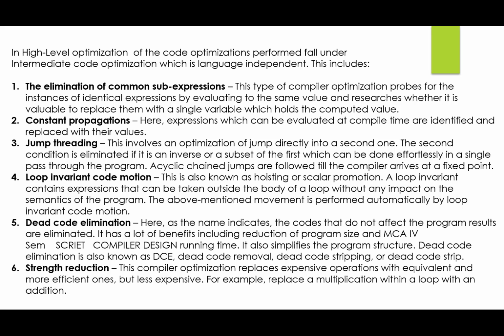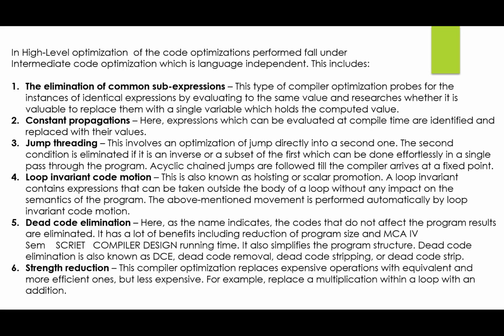It has a lot of benefits, including reduction of program size and compiler running time. It also simplifies the program structure. Dead code elimination is also known as DCE, dead code removal, dead code stripping, or dead code strip.